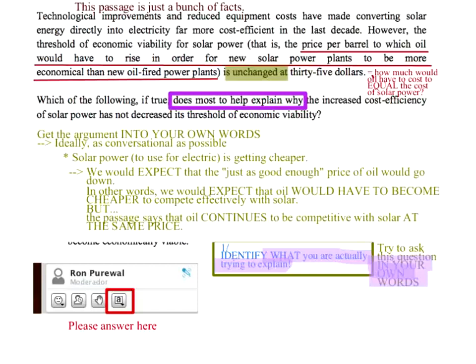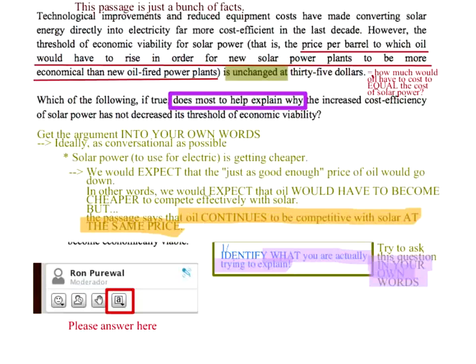This is what we need to explain. This is the weirdness. The weirdness is this idea that oil is not getting cheaper, but nevertheless, it still is something that competes with solar power effectively.